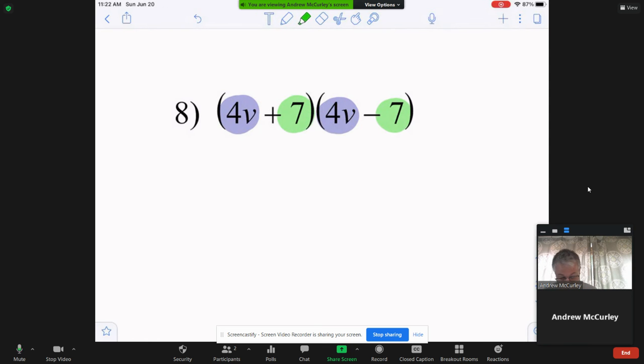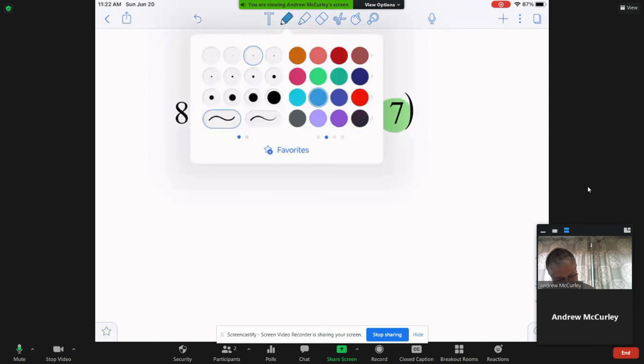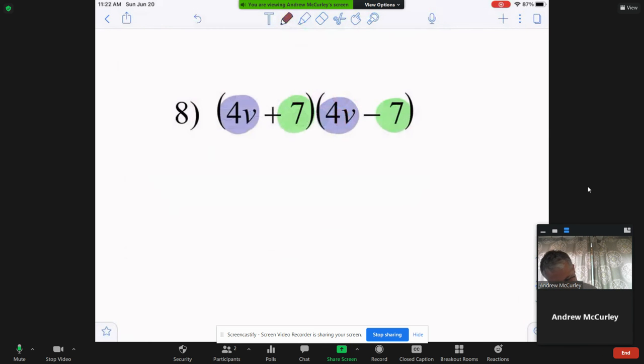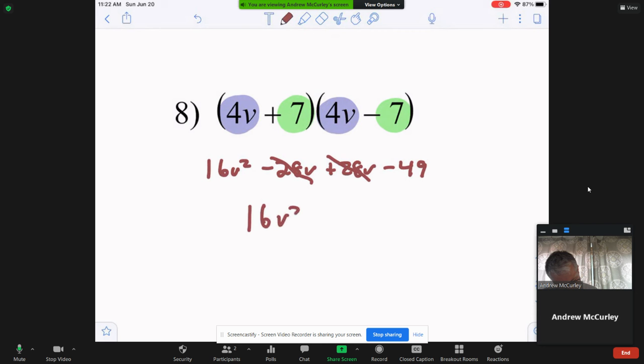So if we were to just FOIL this, or just do regular multiplication, we'd end up with 16v squared minus 28v plus 28v minus 49. But what's going to happen is these two guys cancel each other out every time. So that gives us 16v squared minus 49.